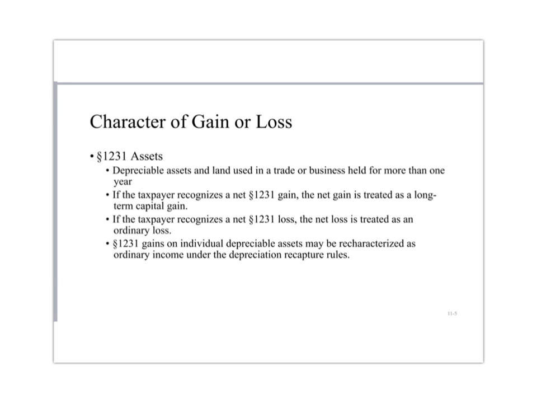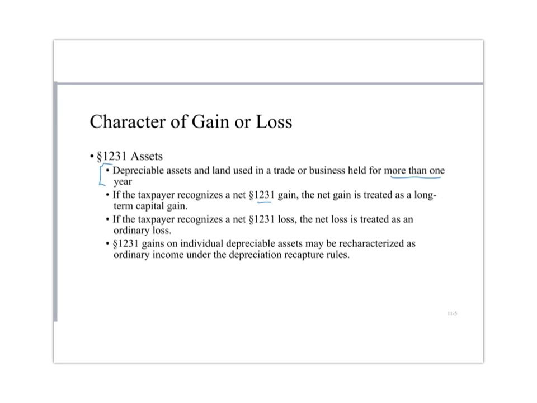What are potential 1231 assets? Potential 1231 assets are depreciable assets and land used in a trade or business held for more than a year. So already you have to have essentially business property that's been held for more than a year. If there's a net 1231 gain, then that's treated as long-term capital.